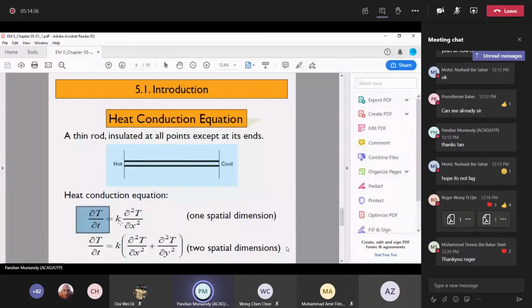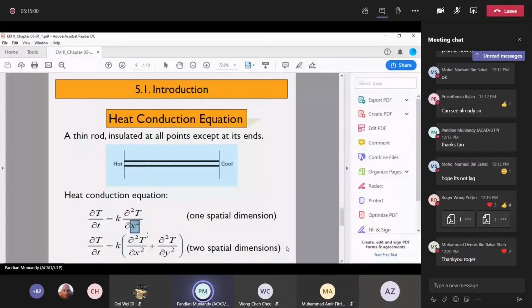So this is one spatial dimension. That means it depends on x only, the second derivative. x is the input, the single dimension, x only. So the distance is x.